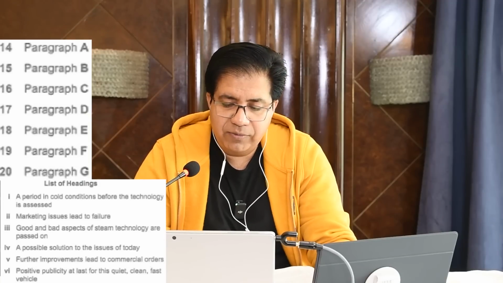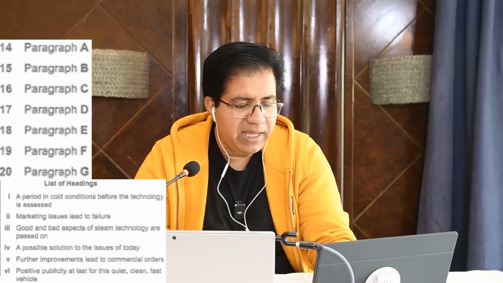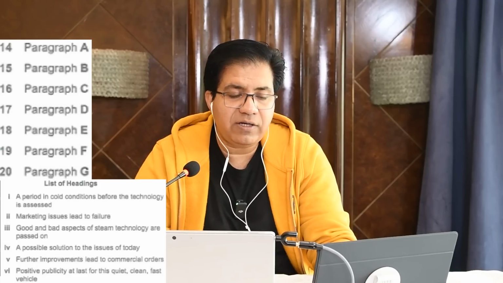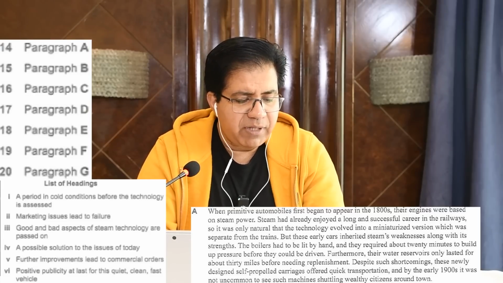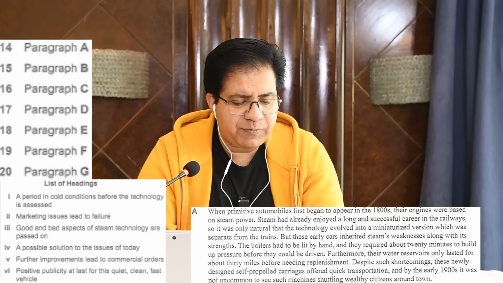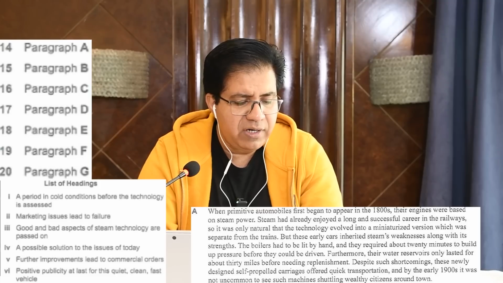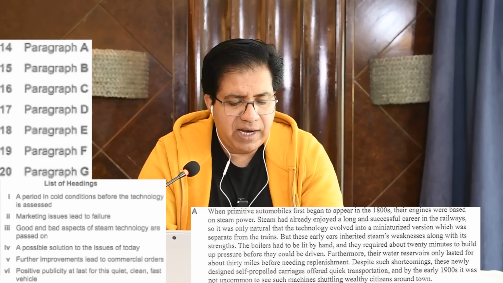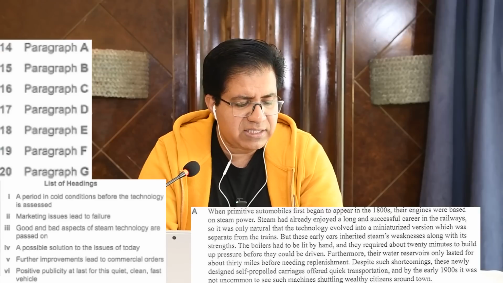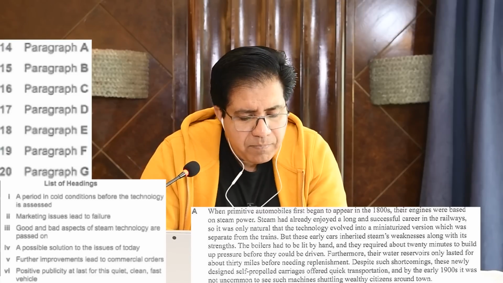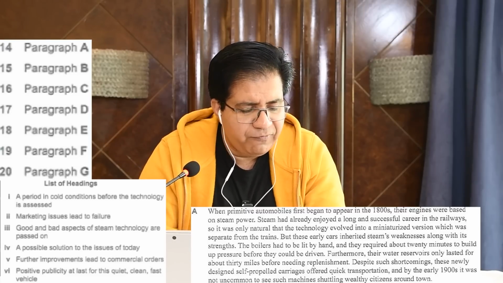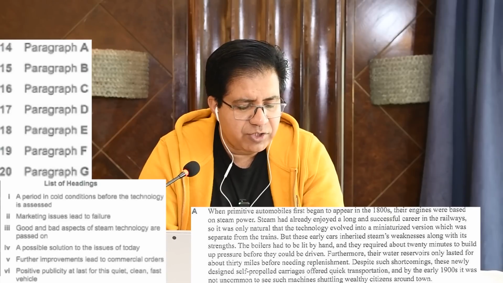Now where should we go? Okay. We go to paragraph A. We've read it already. So please come to paragraph A. I'm reading it from the beginning. When primitive automobiles first began to appear in 1800s, their engines were based on steam power. Steam had already enjoyed a long and successful career in the railways, so it was only natural that the technology evolved into a miniaturized version which was separate from the trains.